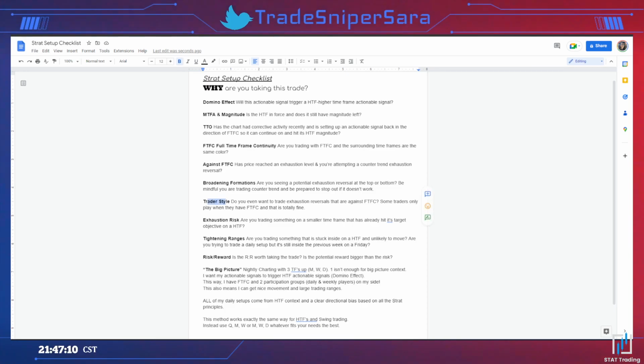Trader style. Do you even want to trade exhaustion reversals? Meaning at the top or bottom of a broadening formation or at price exhaustion, because those are against full time frame continuity. Some traders only play when they have full time frame continuity, and that is totally fine.